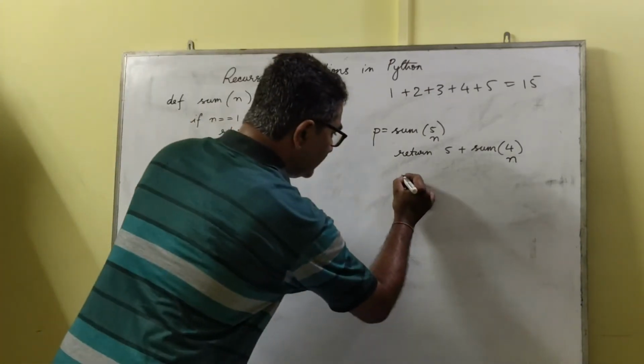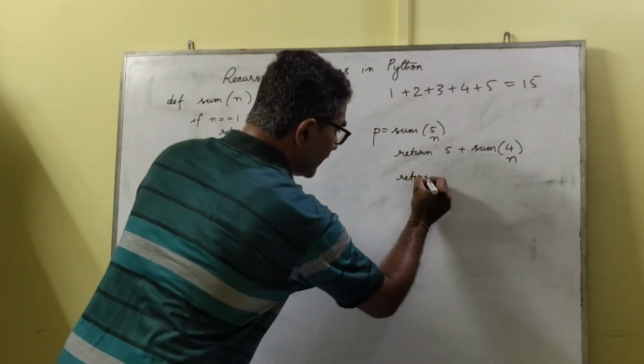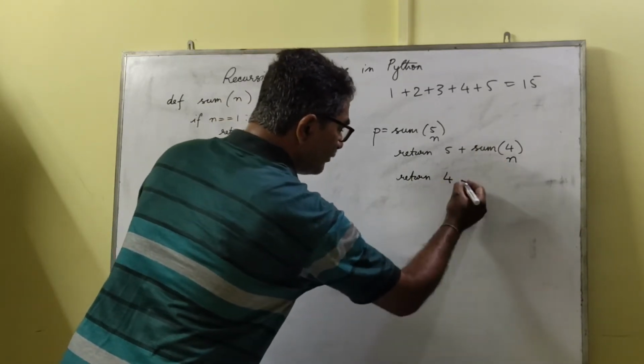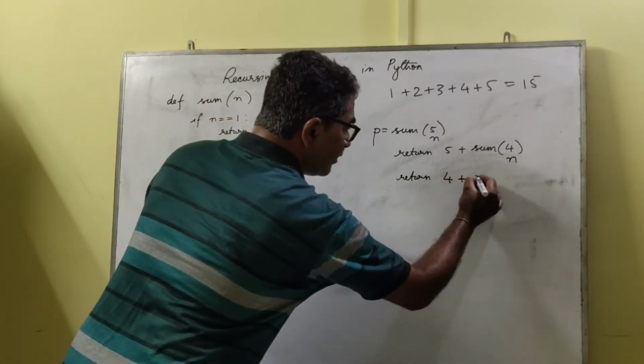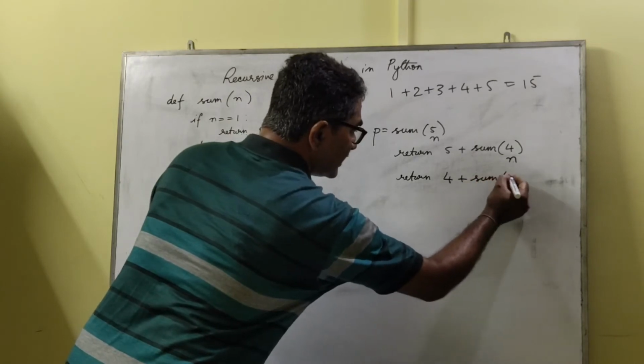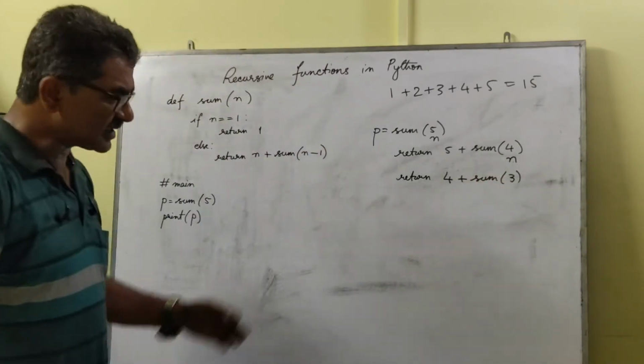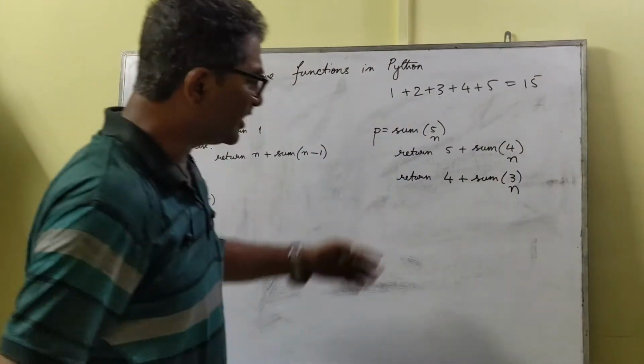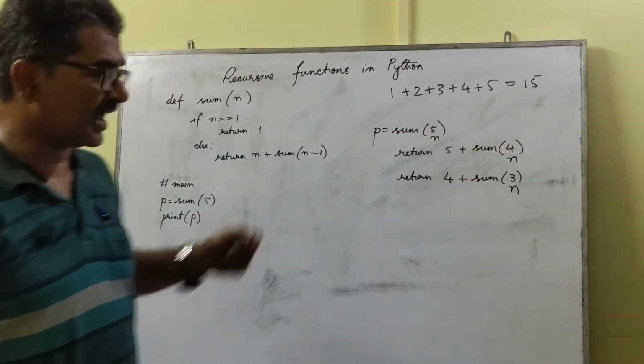So return 4, because the value of n is 4 inside this sum 4 function, plus sum n minus 1, that is 3. Now once again, here the value of n is 3, which has nothing to do with the previous two values of n.